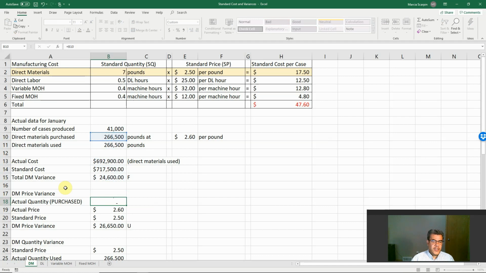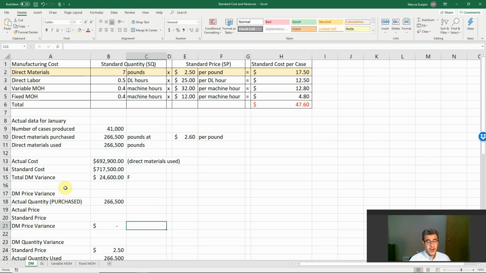Direct materials purchase, 266,500. And then let's work with our prices. Here, our favorable or unfavorable will be based on price. So if our actual price is greater than our standard price, we will have unfavorable variance. Otherwise, we will have favorable variance, or nothing if it is exactly the same.